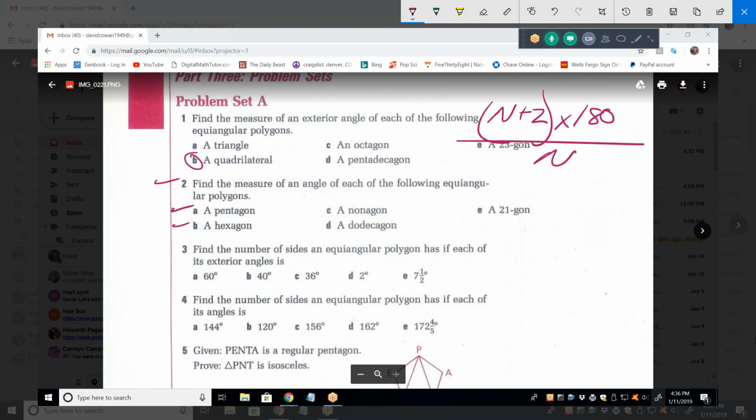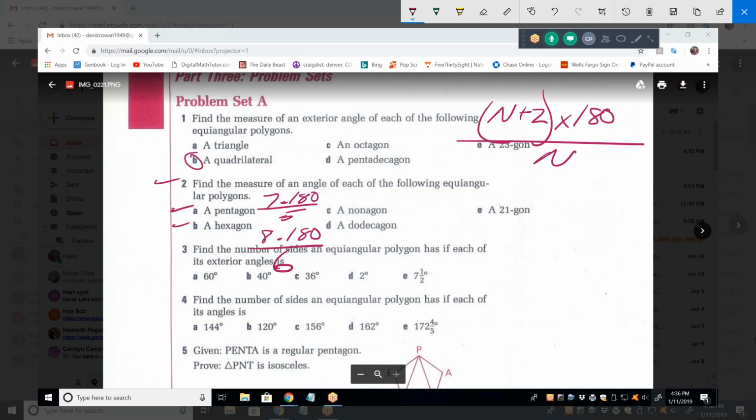For a hexagon, or excuse me, pentagon is 5. A hexagon is 6, so n is 6. So 8 times 180 divided by 6. The first one would be 7 times 180 divided by 5. Second one's going to be 8 times 180 divided by 6.